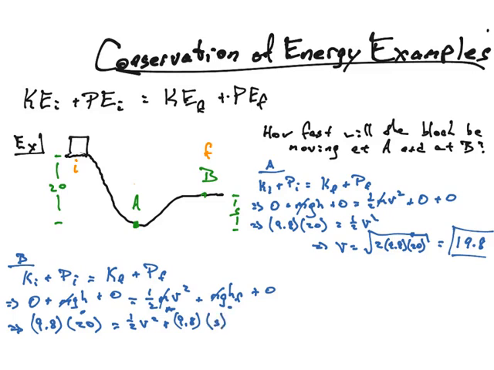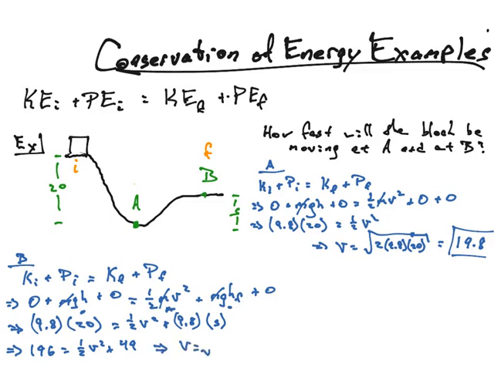So there's our equation. Again, I want to solve this for v. So let's see, 9.8 times 20, that's 196, equals 1/2 v squared plus 5 times 9.8. That's 49.